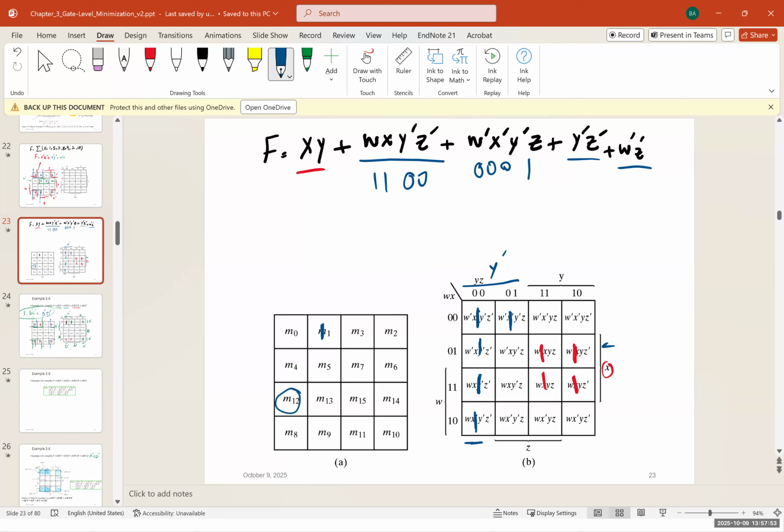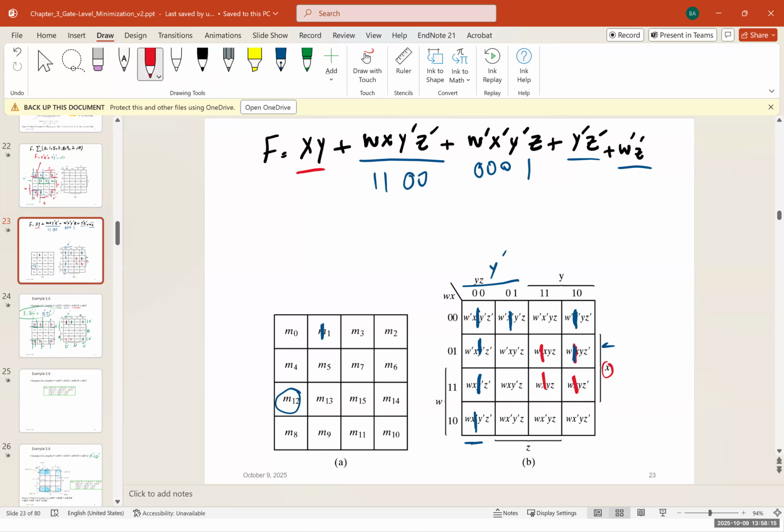And then we have z prime. So we're going to have the two columns at the end. So it's going to be this, this, this, and this. So it has an overlap technique.